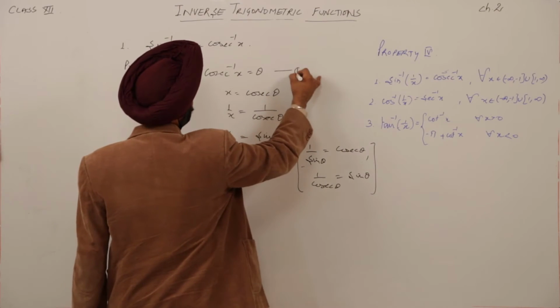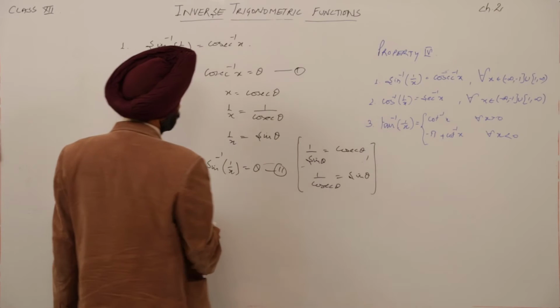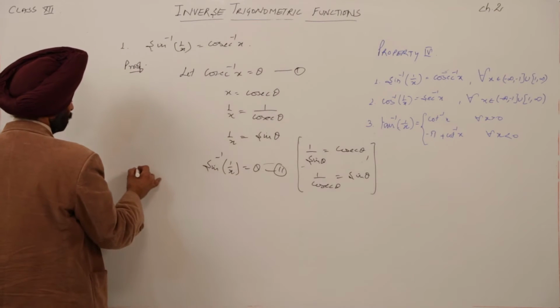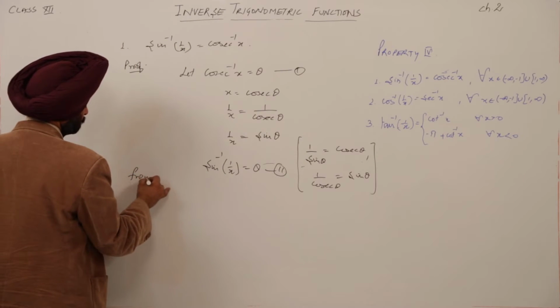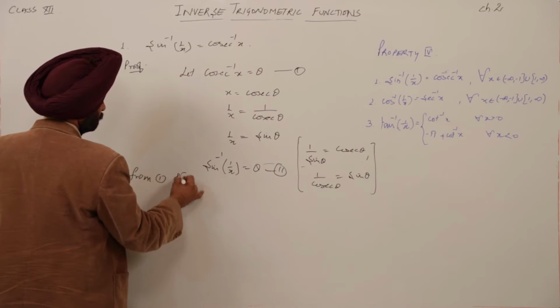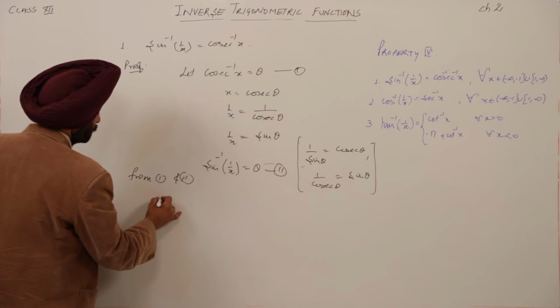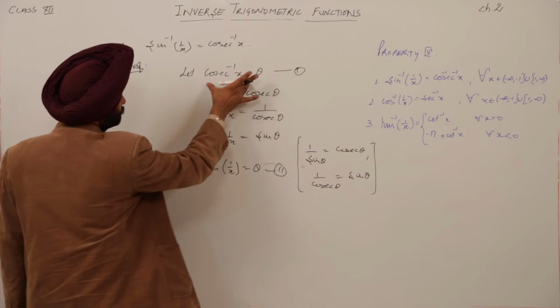Now, from 1 and from 2, what result arises? From 1 and 2, this is also equal to theta, this is also equal to theta.